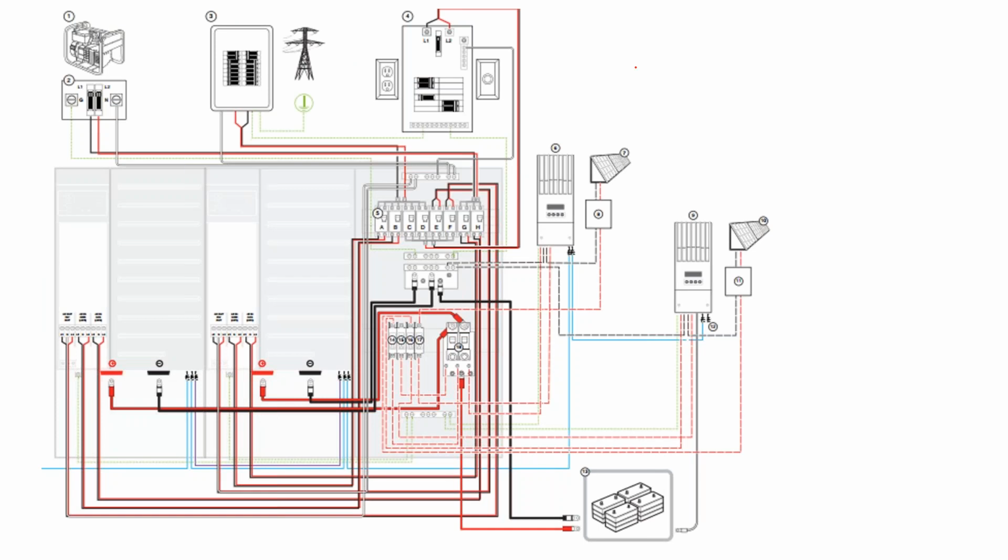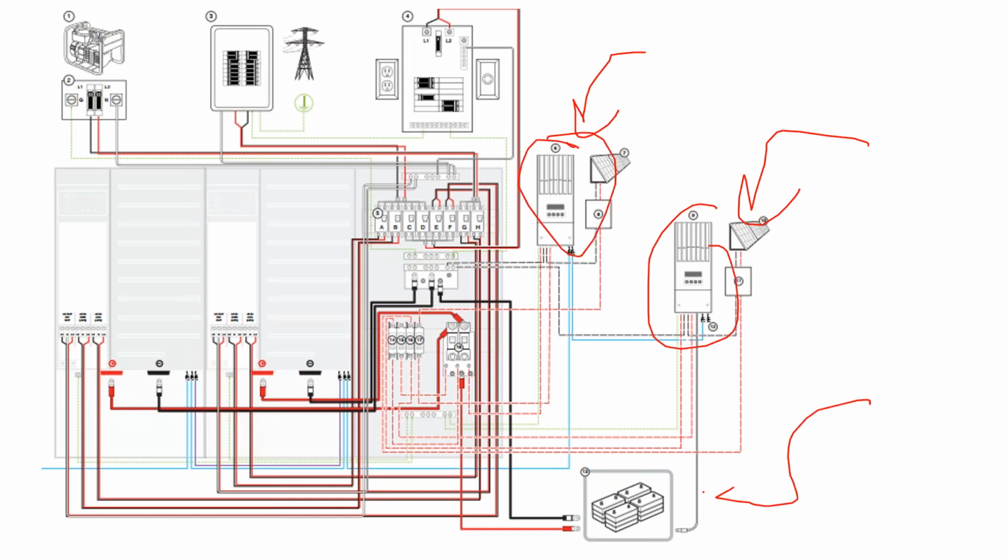Now we got another wiring diagram. Here we have two separate solar arrays on two separate charge controllers coming in to one battery bank with two inverters and a generator and a grid connection and a critical load panel.